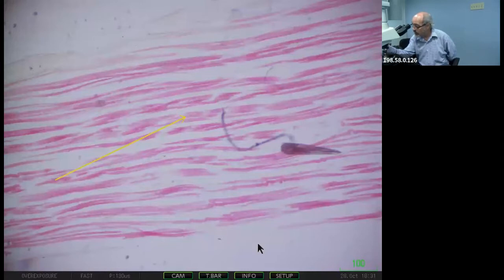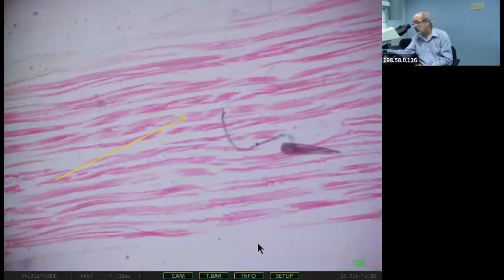The contraction of your cardiac muscle fibers is strong, quick, but it will be involuntary and continuous. You cannot stop the contraction of your heart, which is a good thing. So you see that you have a discontinuous contraction for your skeletal muscle fibers, while the contraction of your cardiac muscle fibers is continuous.